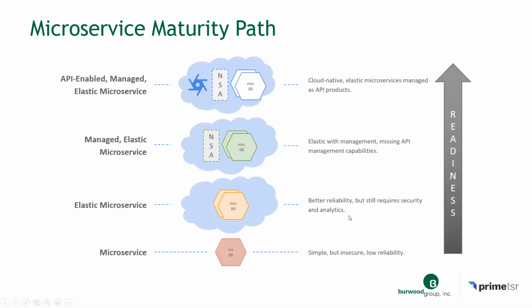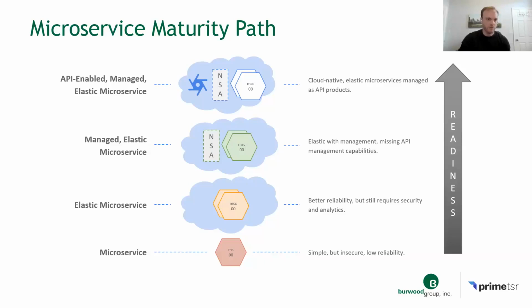And then you want to start moving up the model with being more elastic, providing managed elastic services as well with API management capabilities, and again with Apigee coming into play here too, Rich. Oh yeah, for sure.